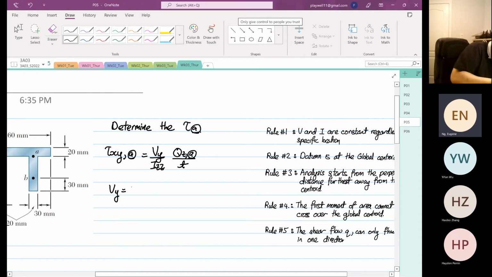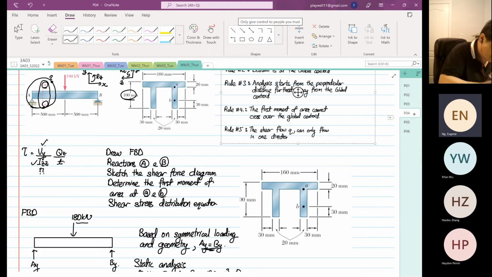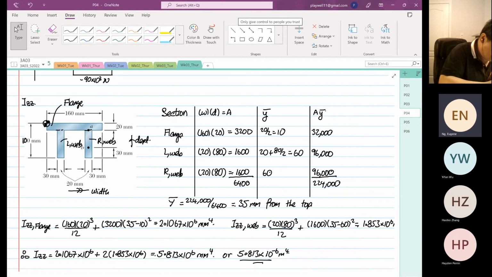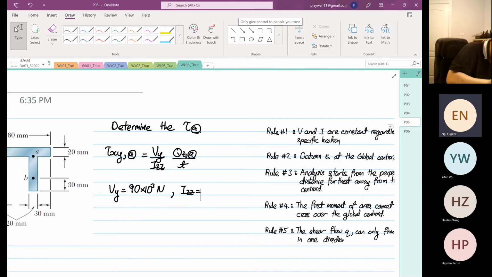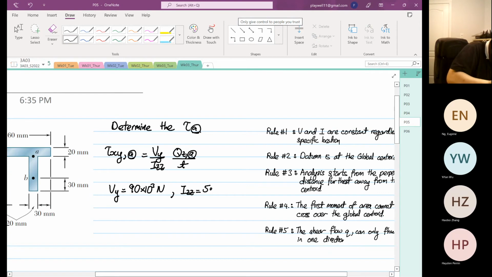So we know that Vy is 90 times 10 to the power 3 Newton, regardless of whether it is point A or point B. And Izz is also a constant. Izz we just found out is equal to 5.813 times 10 to the power minus 6 meter 4.